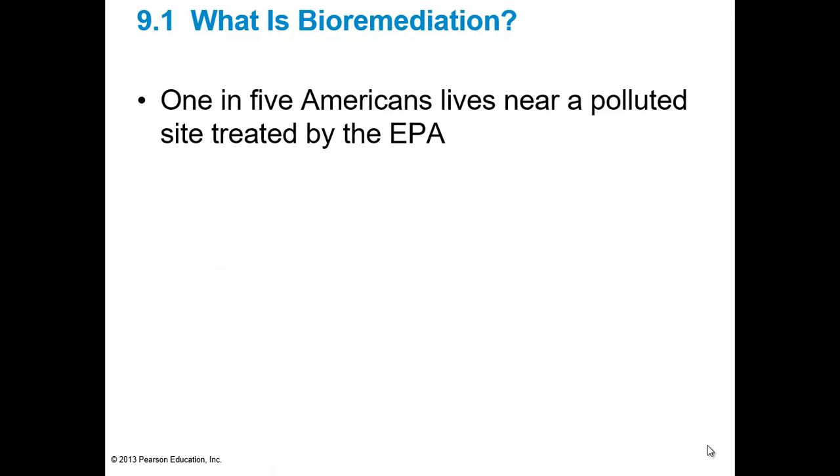And 1 in 5 Americans lives near a polluted site treated by the EPA. We do. We live near Iron Mountain Mine, which is 9 miles outside of Redding, and it is an EPA Superfund site. It's also the location of the lowest measured natural pH in the world.